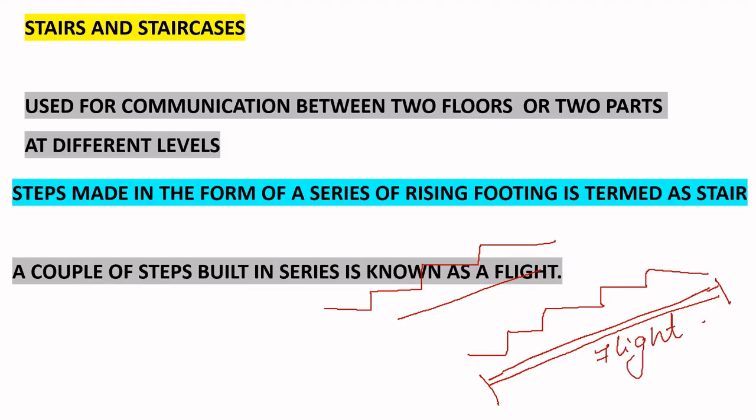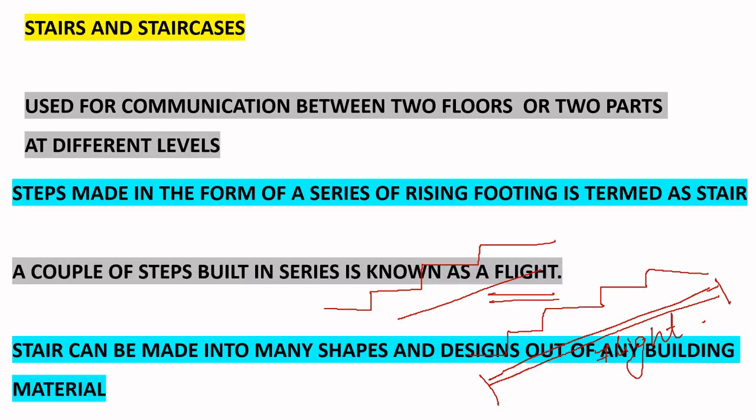Your steps or stairs may sometimes change direction. When there are two directions, you will have two flights. When you have one direction, you have one flight. That is what is called a flight. Now, stairs can be made into many shapes and designs out of any building material, as I told you earlier.